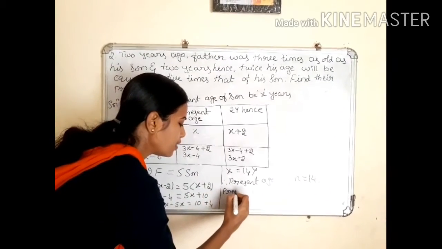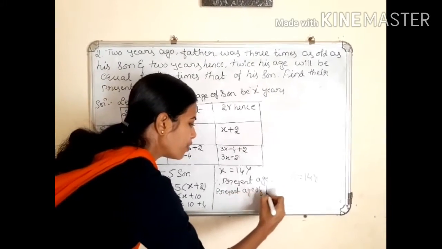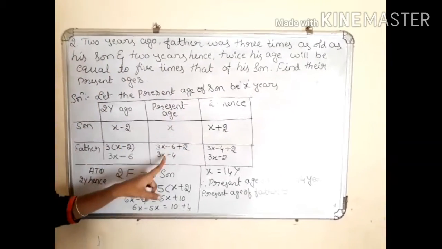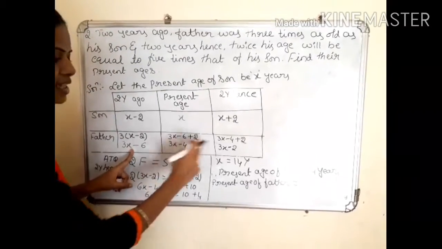Similarly, the present age of father is equal to 3x minus 4. You have to take 3x minus 4. Don't take 3x minus 6 or 3x minus 2.